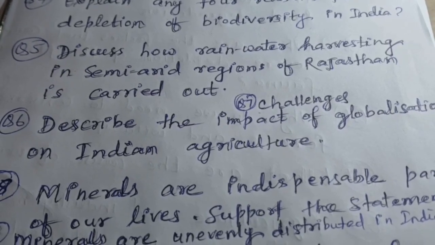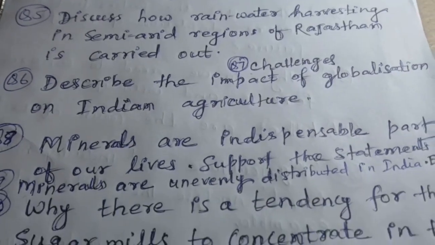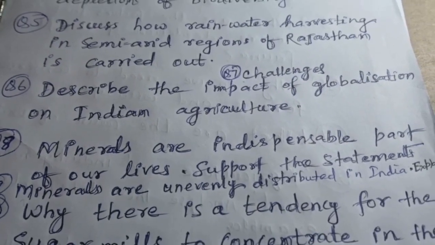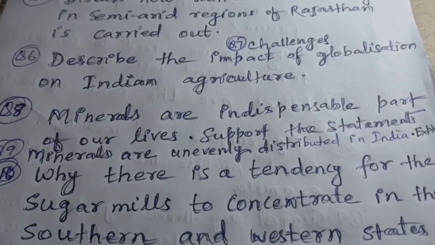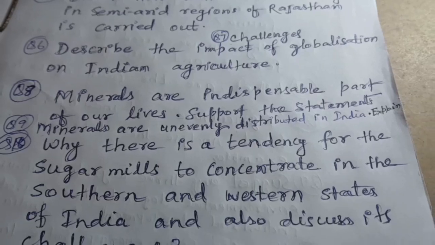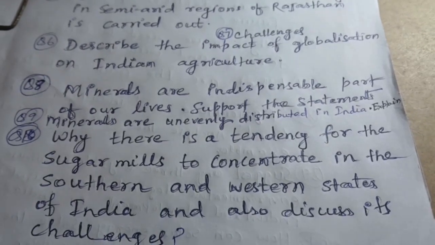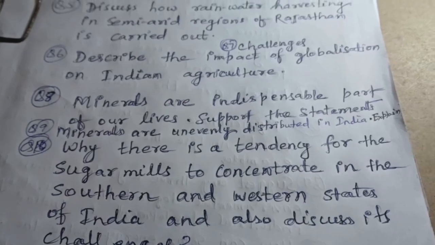Also describe the challenges of Indian agriculture. Next question. Minerals are indispensable part of our lives. Support the statement. Also, minerals are unevenly distributed in India. Explain. And why there is a tendency for the sugar mills to concentrate in the southern and western states of India, and also discuss its challenges.